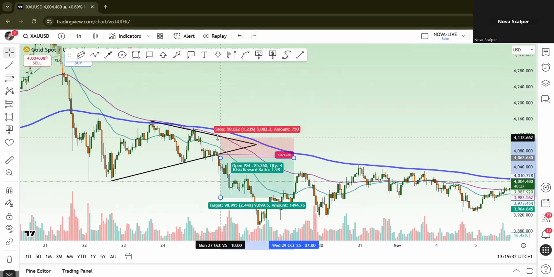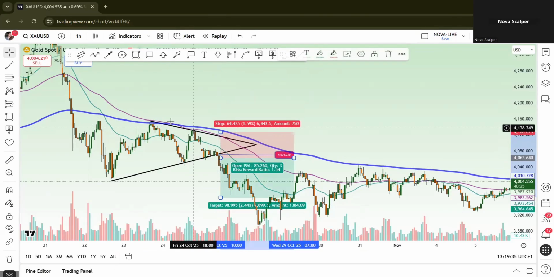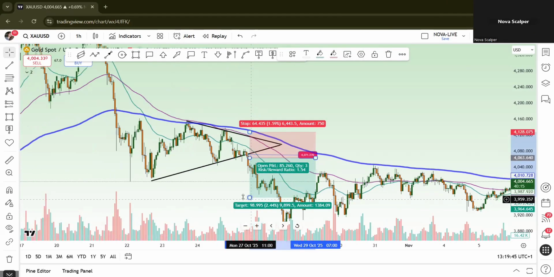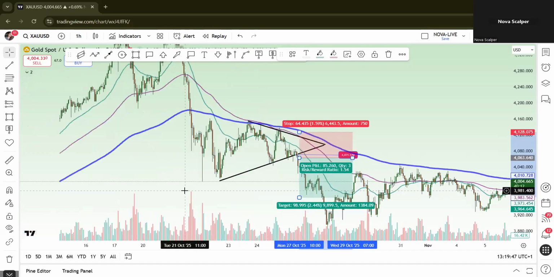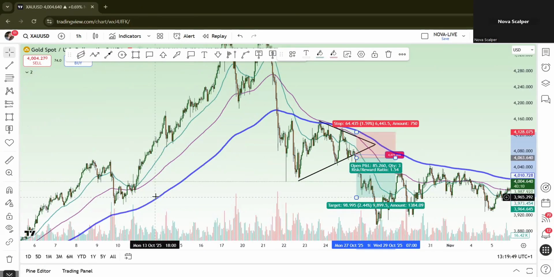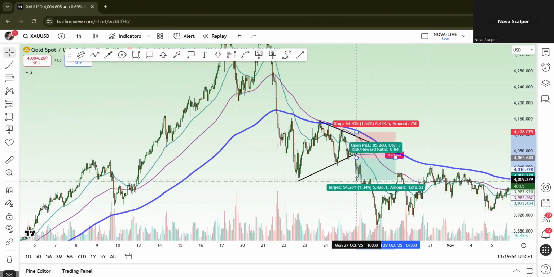For the stop loss, we can set it at the nearest high. And for the take profit, you can set it at the nearest low, which is here.